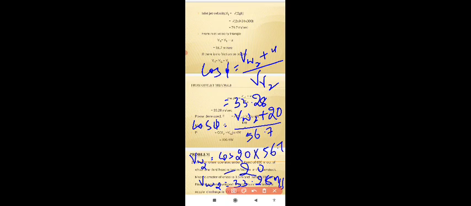Okay, now we have all the values. We know the VW1 value and VW2 value, and the velocity of the bucket and the velocity of the vane also. So we know the power equation, power developed: P is equal to M into (VW1 plus VW2) into U, where M is equal to WQ by g.